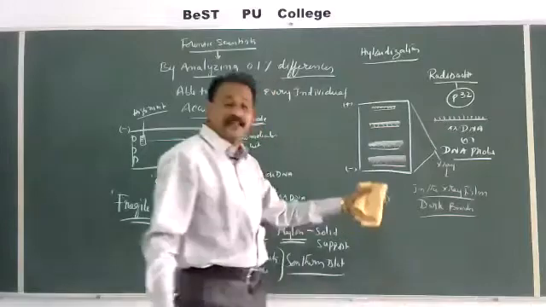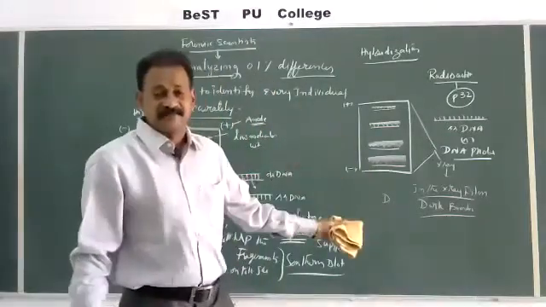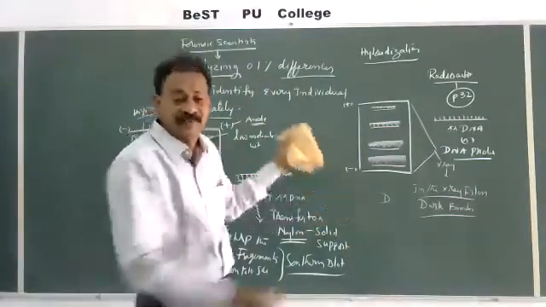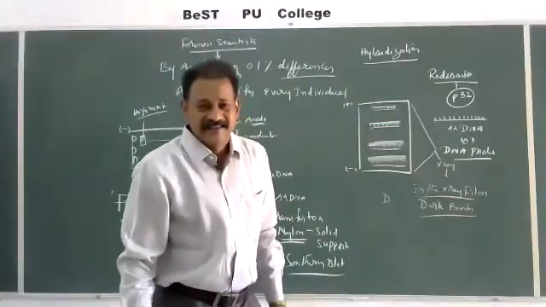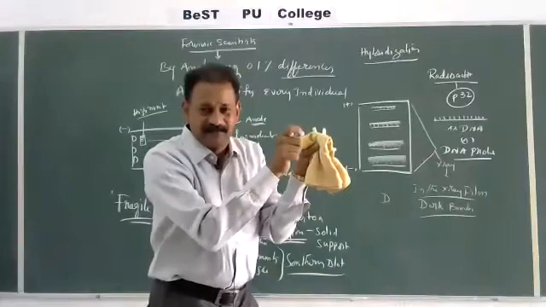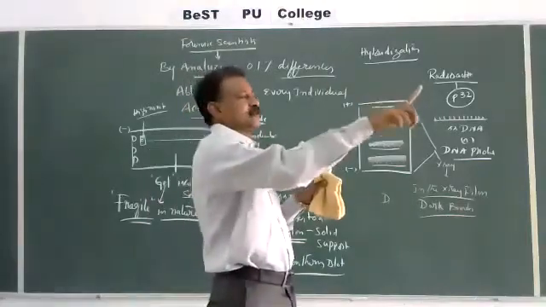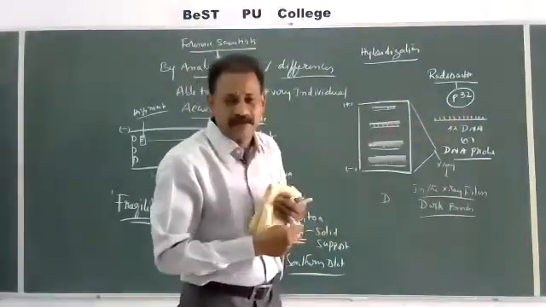These dark bands have a characteristic nature. Every human being has different dark bands. So with that, we are able to identify this is so and so human being's DNA fingerprint.